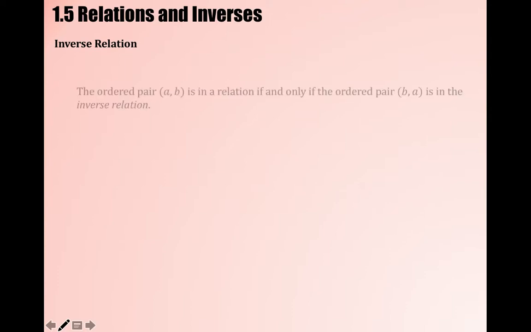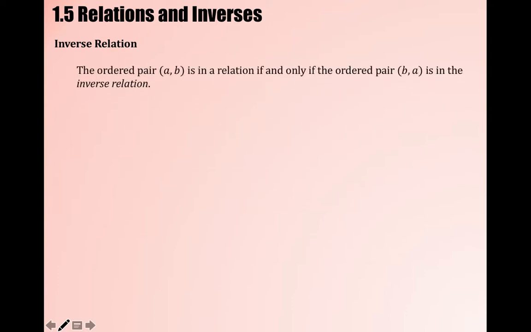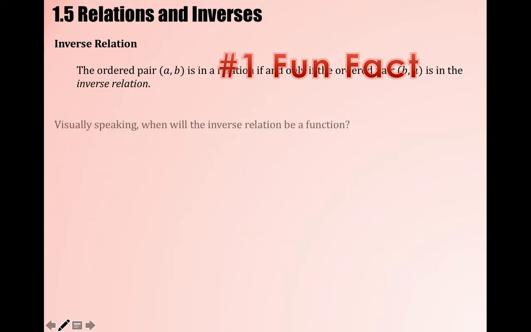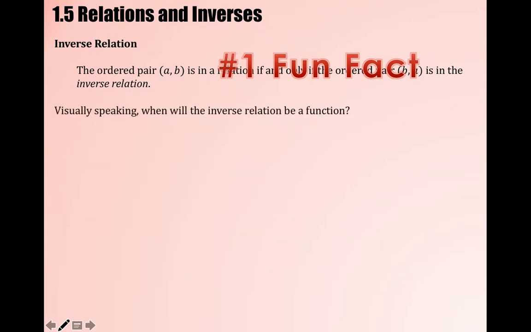Inverse relation. The ordered pair (a, b) is in a relation if and only if the ordered pair (b, a) is in the inverse relation. That was fun fact number one, right? So you can switch the variables. If we're looking at a graph or a relation, how do we determine if that itself is a function?